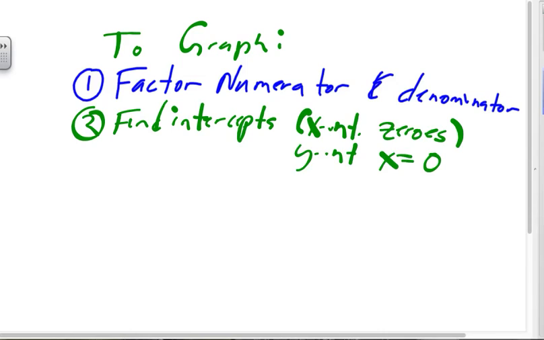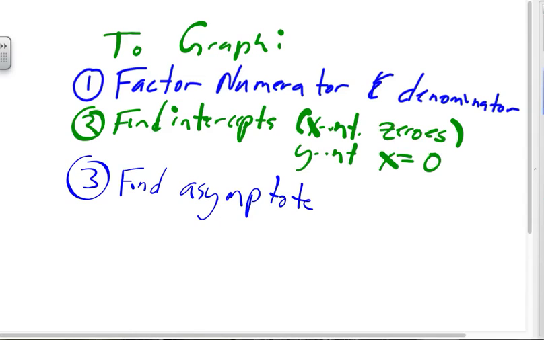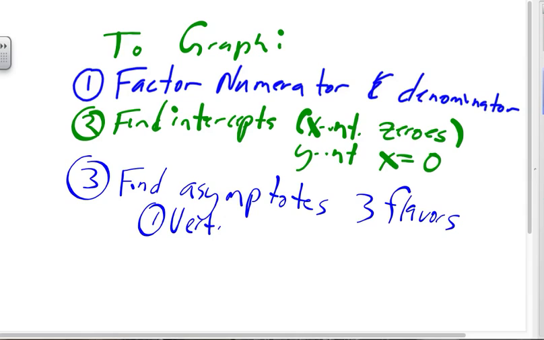Okay, so now that's the second step. Third step, we're going to need to find our asymptotes. And these are going to come in three flavors. Vertical, which are values which make the denominator 0.